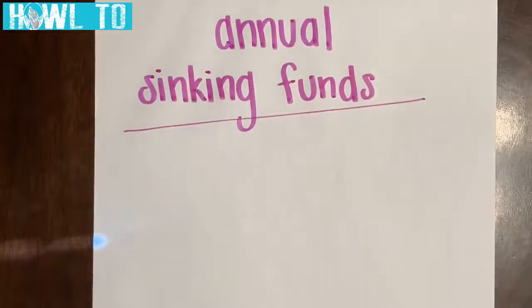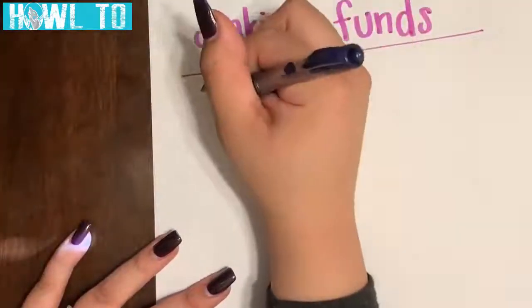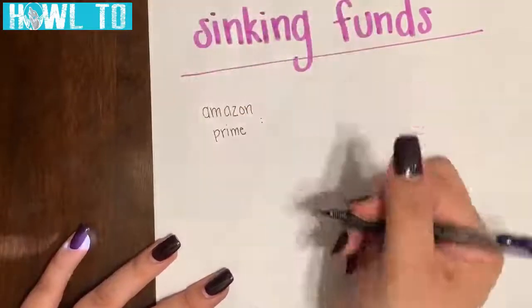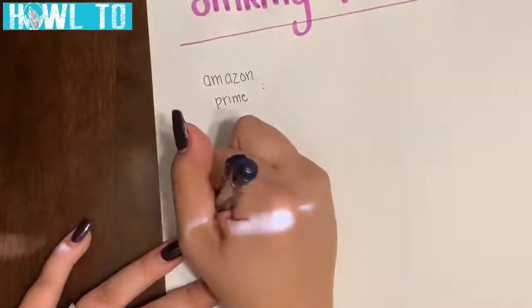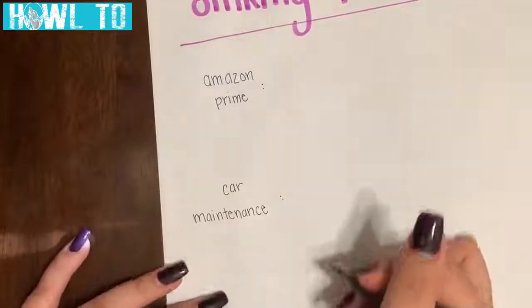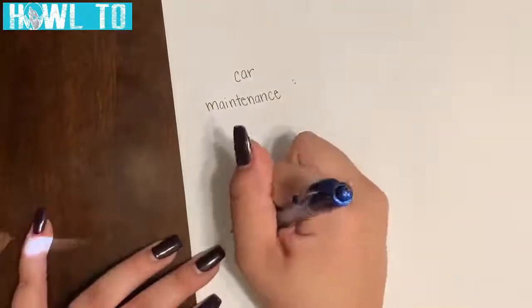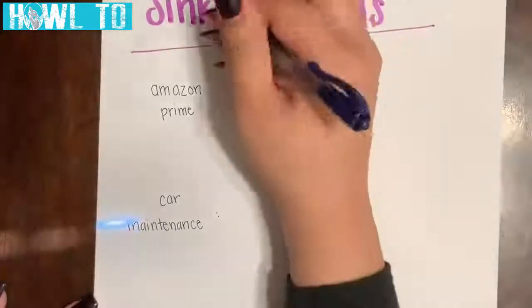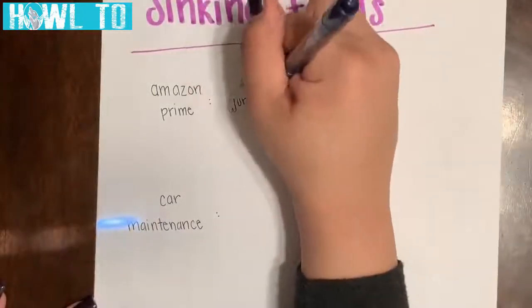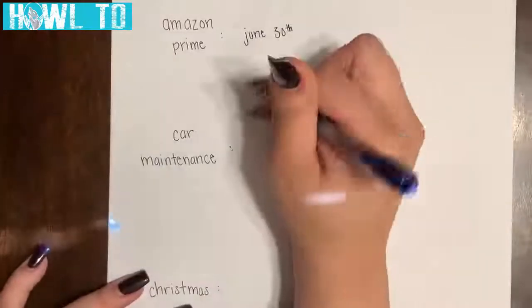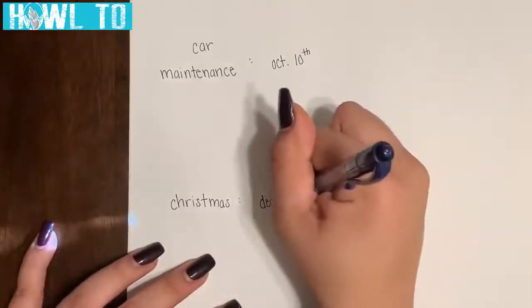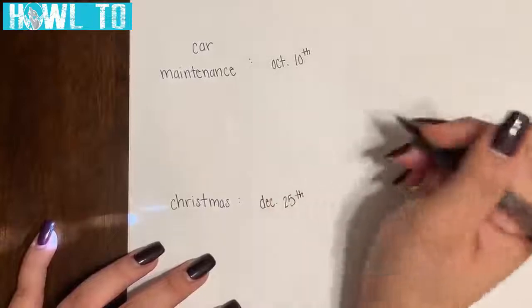And so the first thing is you are going to find out when each one is due for that one-time payment. So we will say that Amazon Prime is due June 30th, card tags are due October 10th, and Christmas is obviously December 25th.